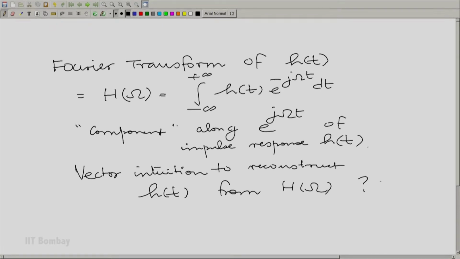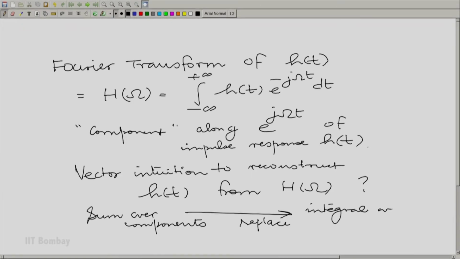And we expect essentially that you would have to do a sum replaced by an integral. So, sum over components needs to be replaced by integral over component.